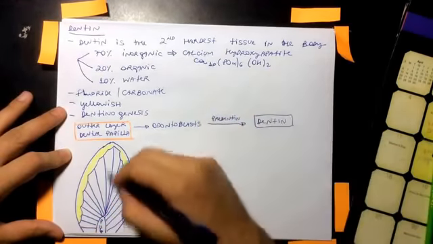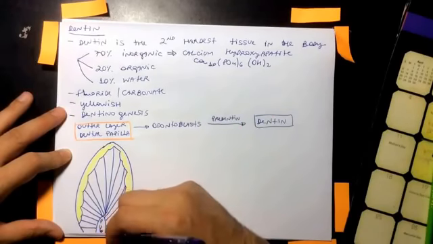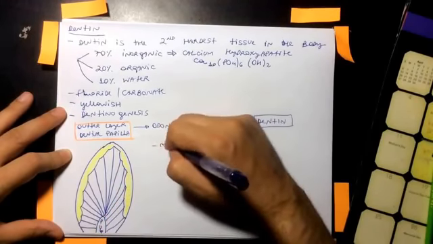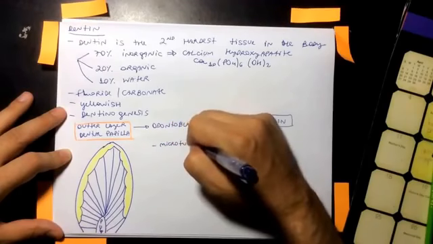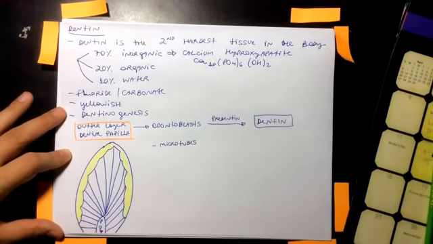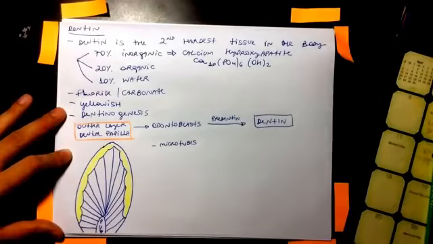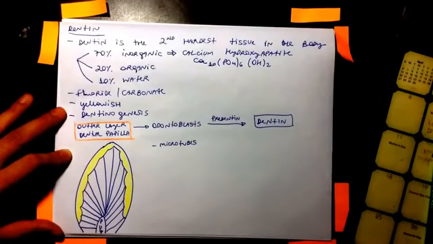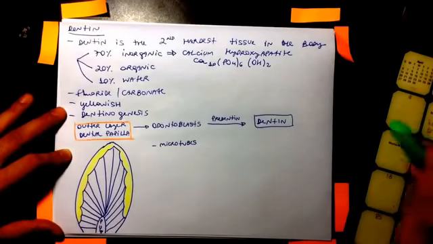Okay, so dentin has all these microtubules. So this is the main characteristic of dentin. But well, first let's identify some structures over here.